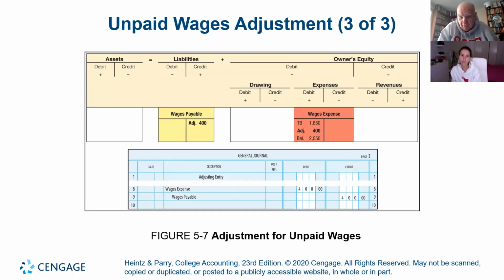Now we are debiting $400 that our people earned for the last 3 days of the month, and we're going to credit wages payable. And this is important because it matches revenues and expenses. But another way to look at it, Daria, this liability here, the company has to pay you that on June 30th.